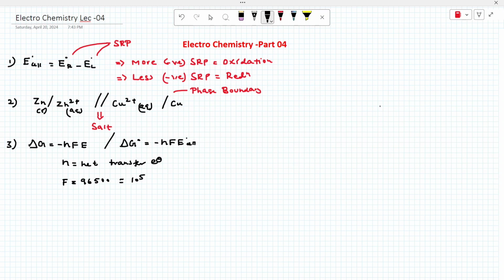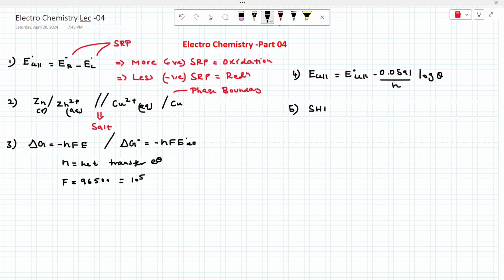Okay, and the fourth formula, very important: Nernst equation. E cell is equal to E naught cell minus 0.0591 by n into log Q. Now the fifth, for SHE electrode.